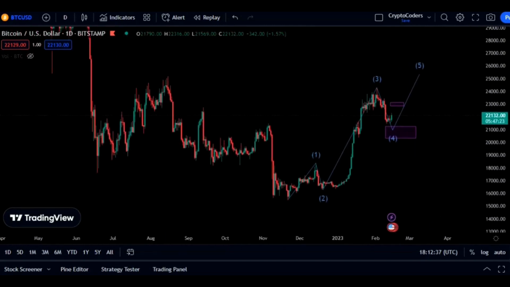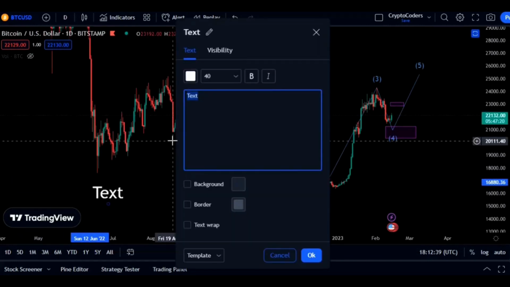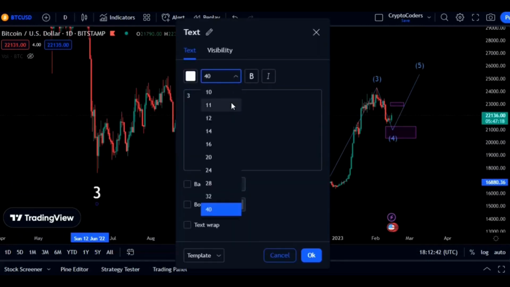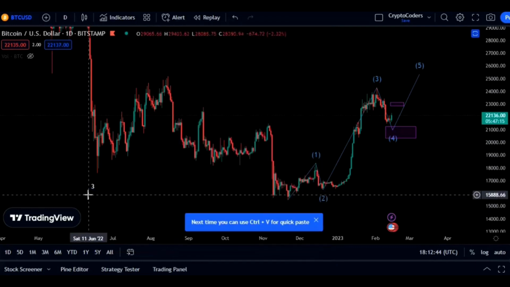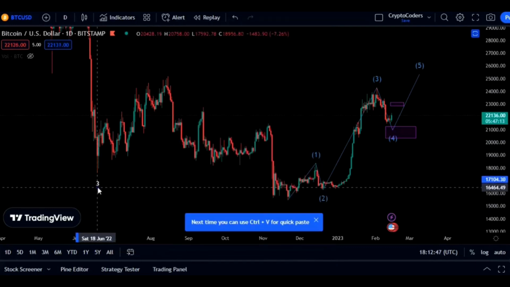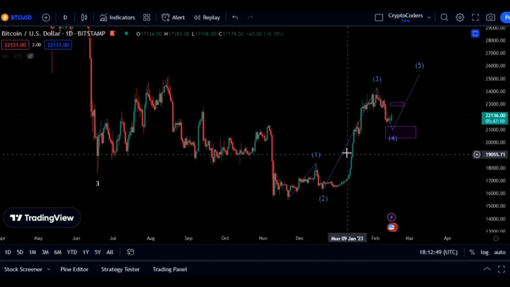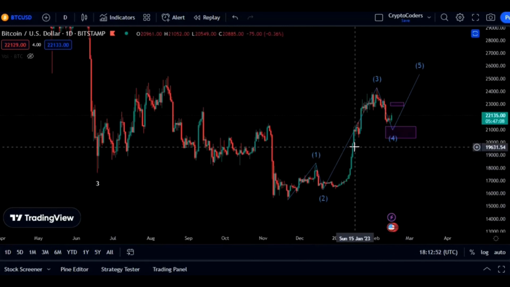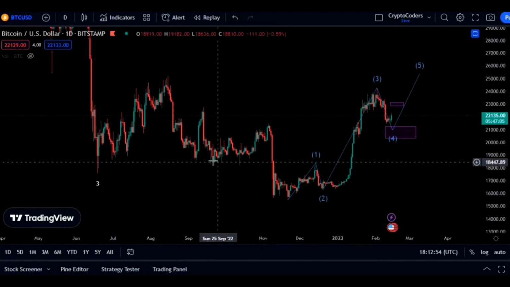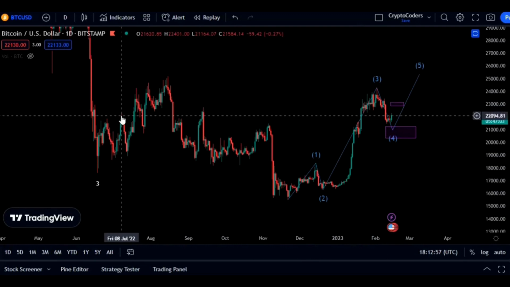So just let me type 3 here. This just tells you that wave 3 completed here. Now we will see if what we have is our wave 4 or a wave 2. Let's just dive in.